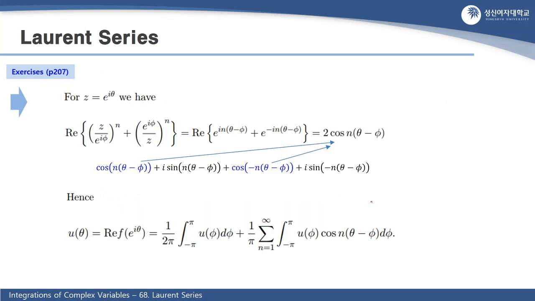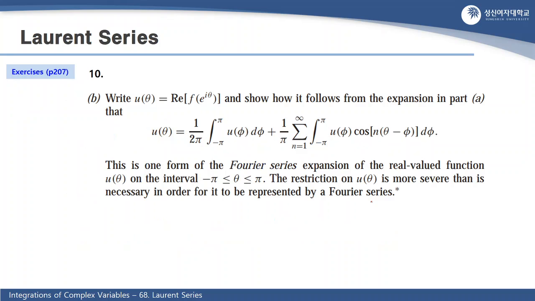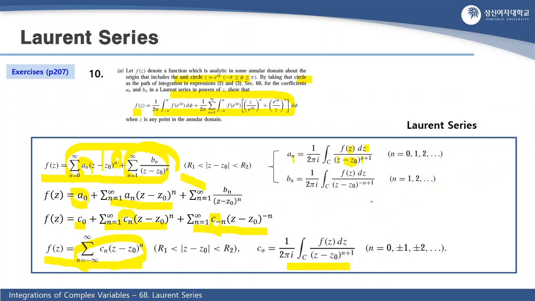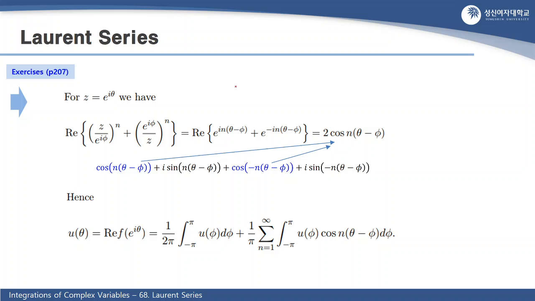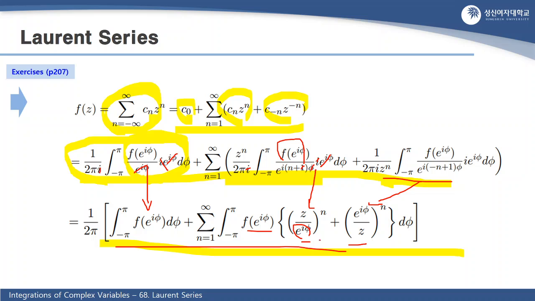Okay, let's check it in detail. For z equal to e to the i theta, because we consider a unit circle in the problem, you already know it. Then we have this. In the problem A, we get this.